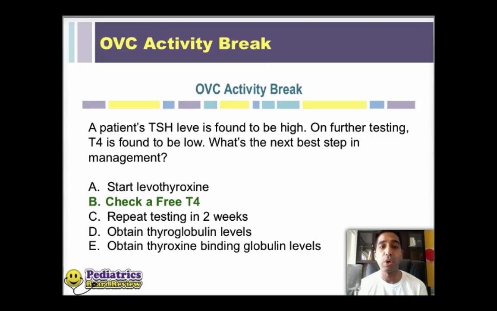However, when you go on to check a free T4, it's possible that the free T4 is going to be normal. The reason being, this could be a situation where there is not enough thyroxine-binding globulin around to create enough T4. So you're actually measuring less T4 because there's just not that much of the globulin around because there is a deficiency. But in actuality, your active form of thyroid hormone, your free T4, is normal.